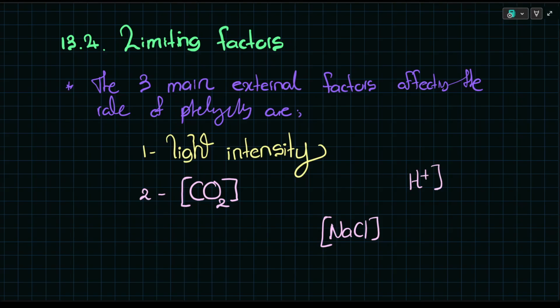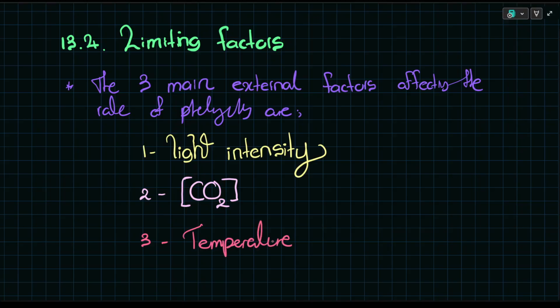If we have H plus within this, talking about the H plus concentration. And like so and like so. Okay? CO2 concentration. The third one being, this is a more obvious one, temperature. All three of them are obvious ones, yes, but it is temperature.